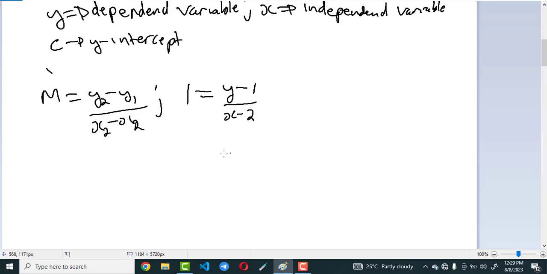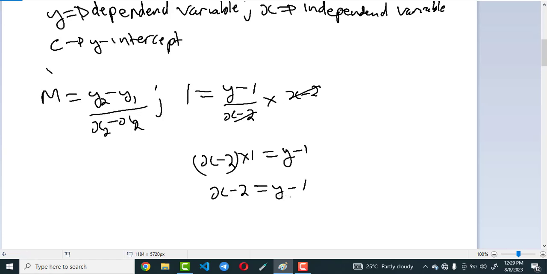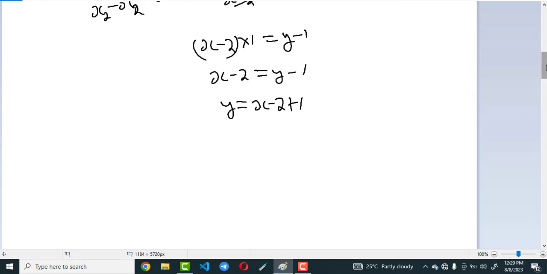Then we cross multiply both sides by x minus 2, so we cancel the x minus 2 and this gives x minus 2 equals y minus 1. Collecting like terms, y equals x minus 2 plus 1, which gives a final answer of y equals x minus 1.